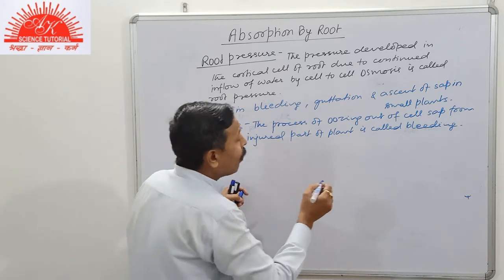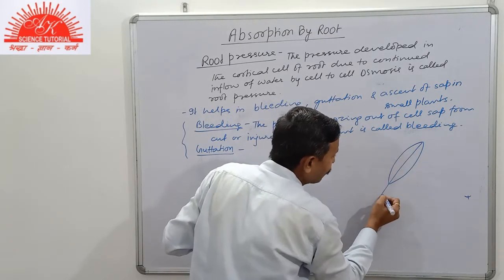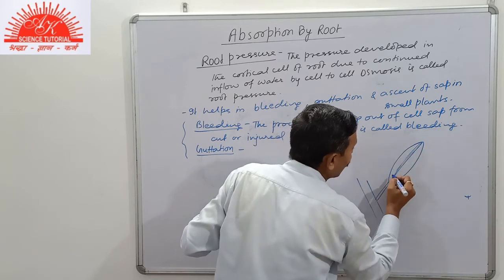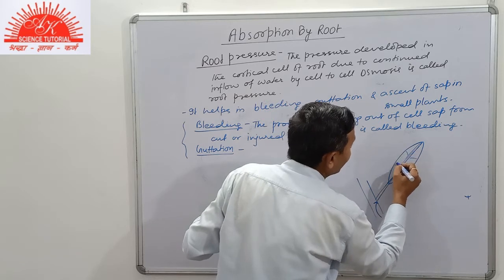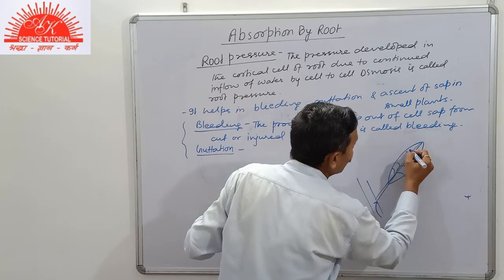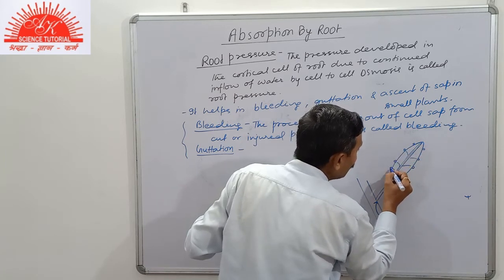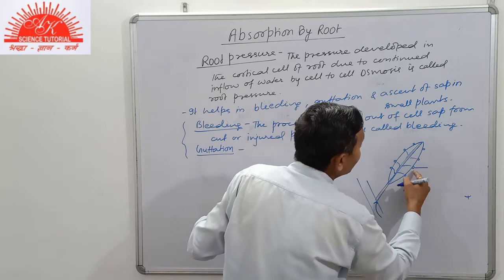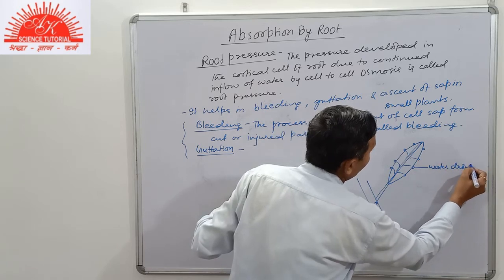Suppose here is the leaf petiole. Through the xylem vessel, water goes to this part, and at the end of the veins there are some openings. If the water squeezes out in the form of droplets along the margin of the leaf, then this is guttation.